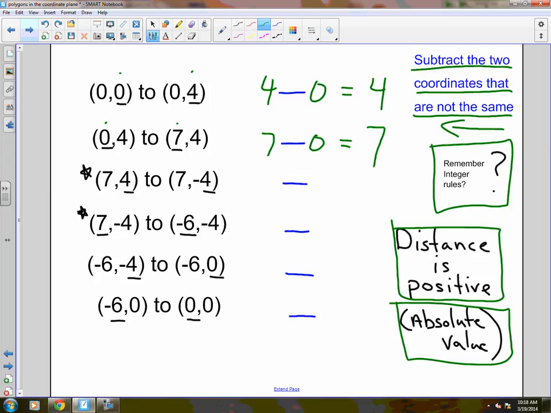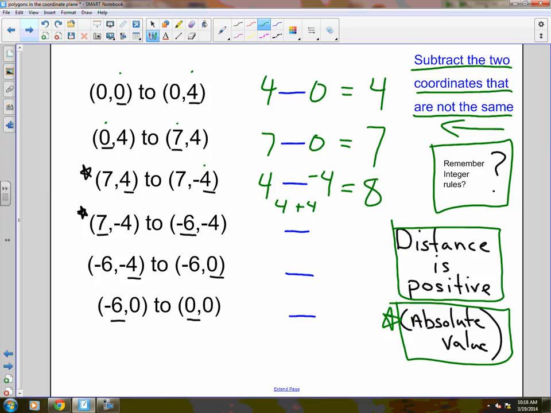I underlined the 4 and the negative 4. Uh-oh, a double negative is a positive. That is the absolute value. So this really means 4 plus 4 because of the absolute value. So this would be 8.